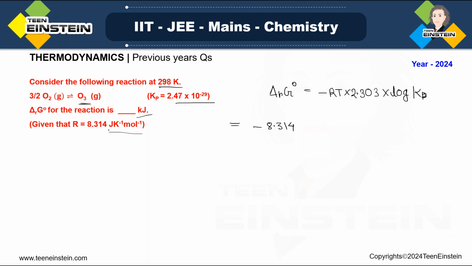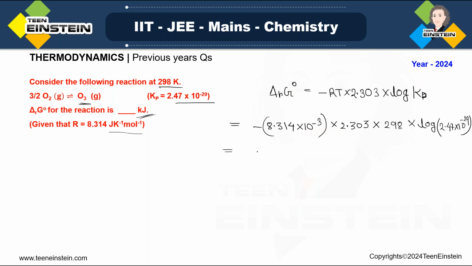And remember, R value is given in joule, but as we want the final answer in kilojoule, we will multiply it with 10 to the power minus 3, so that from joule it is converted to kilojoule. Then 2.303, T value also we have to write, which is 298 Kelvin, multiplied by log Kp, value given 2.47 times 10 to the power minus 29.